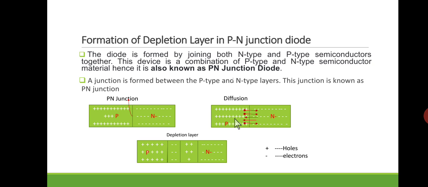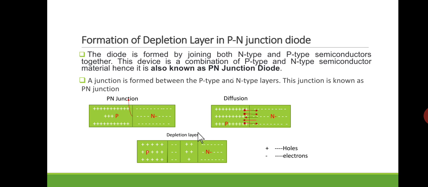The recombination of the free and mobile holes and electrons produces a narrow region at the junction called the depletion layer. Okay, it is so called because it is depleted of free and mobile charge carriers, though it does contain fixed or immobile positive and negative ions. Okay, this is called the depletion layer.